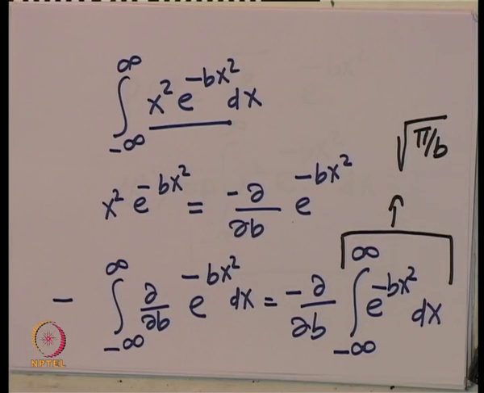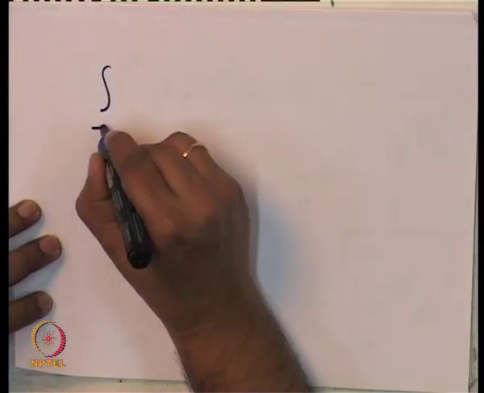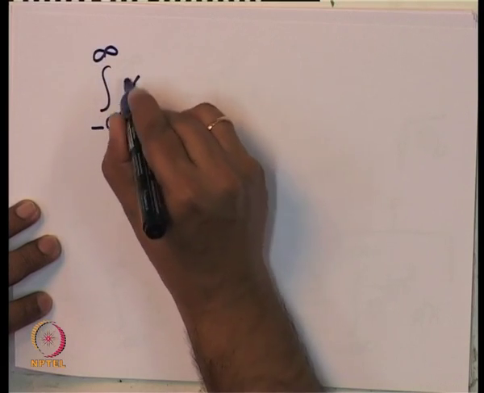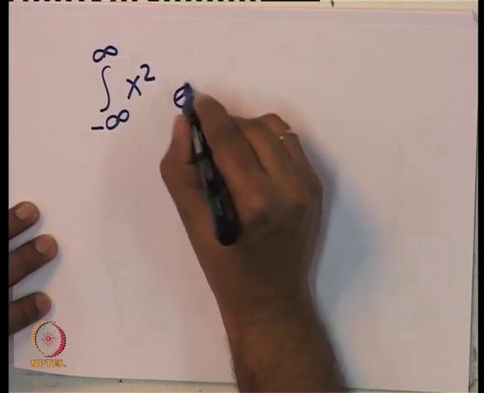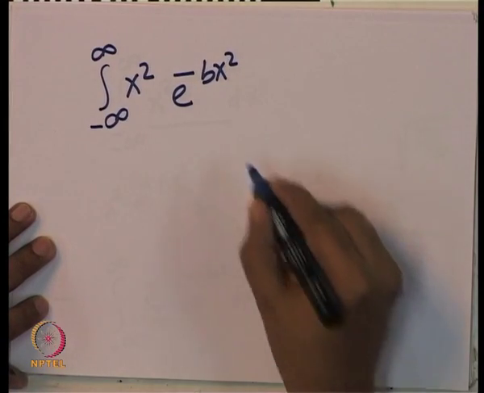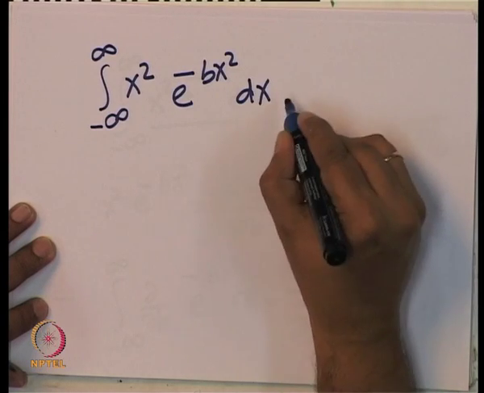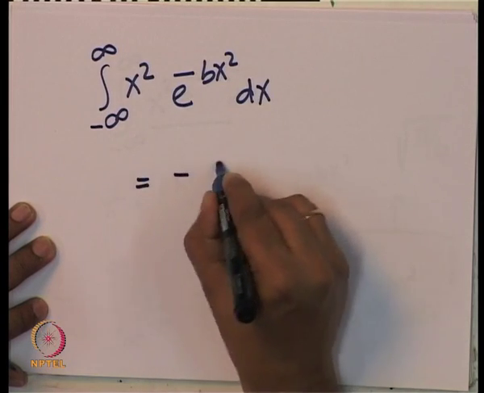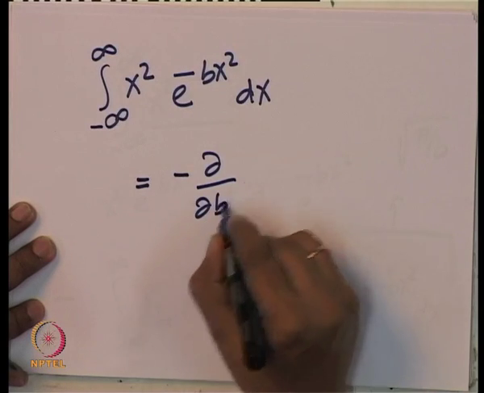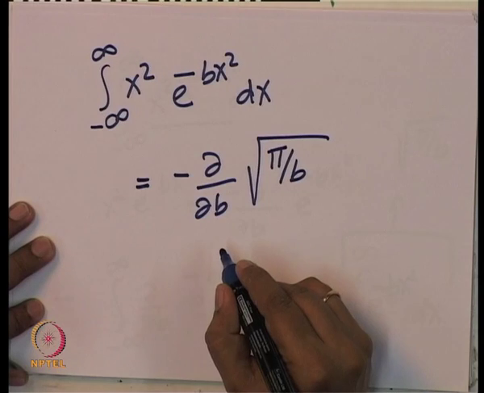So, the full answer is that the integral from minus infinity to infinity of x square e power minus b x square dx is nothing but minus del by del b of root of pi by b.